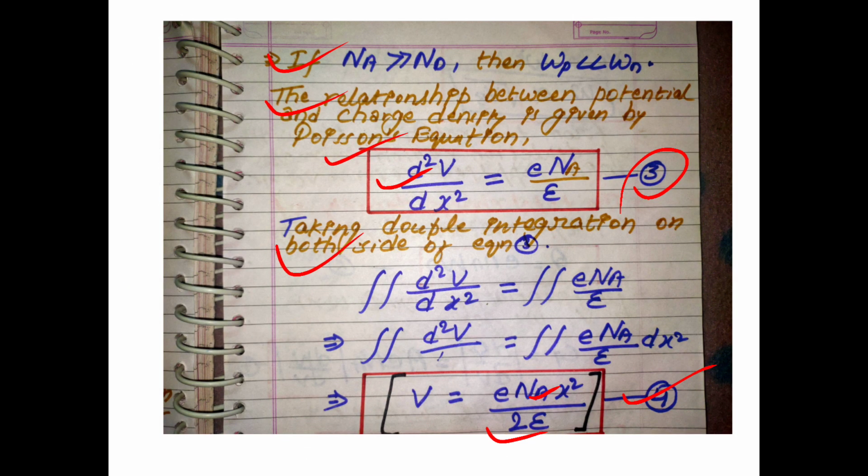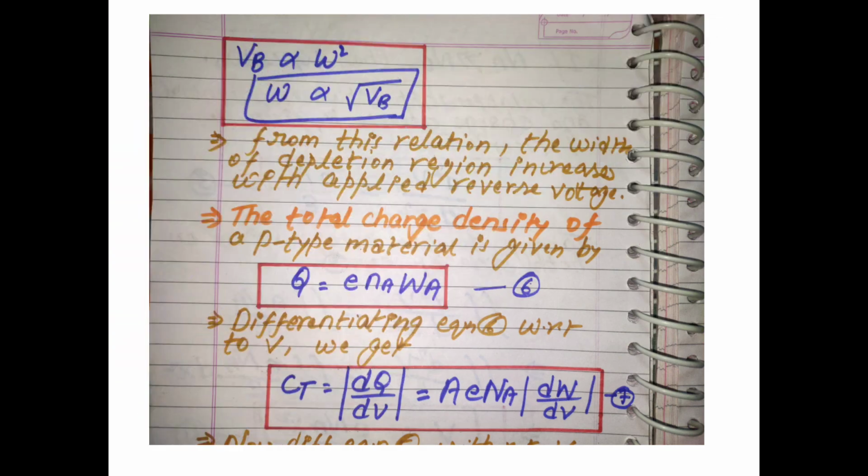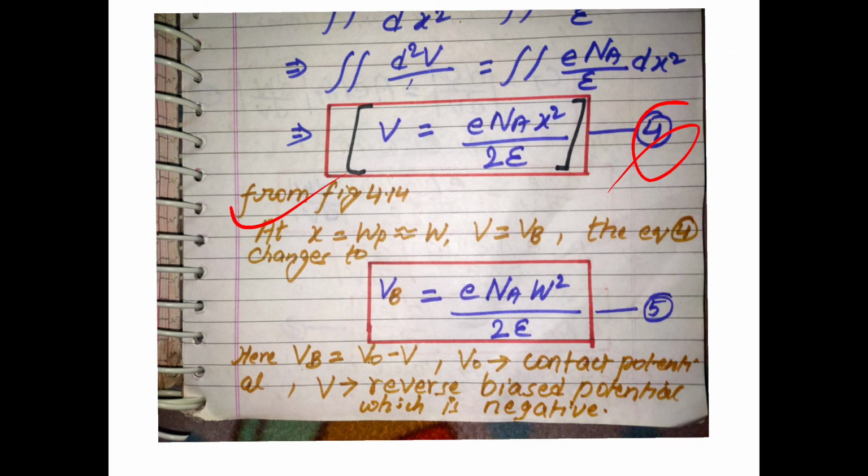So now we will substitute these values in equation number 4. Then we are going to get V = Vv, and we will take x = W, which is the depletion width. Here x = Wp.